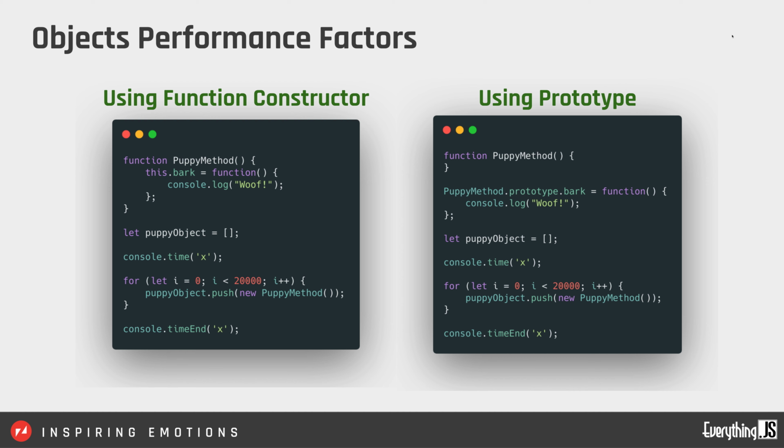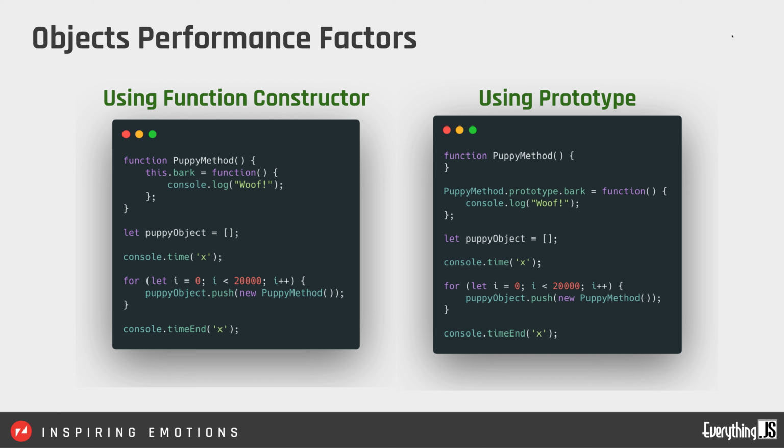After that we created a puppy object, used console.time to get the time duration, and looped with i less than 20,000, creating a puppy method instance and pushing it to the puppy object.